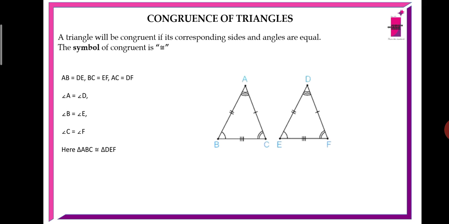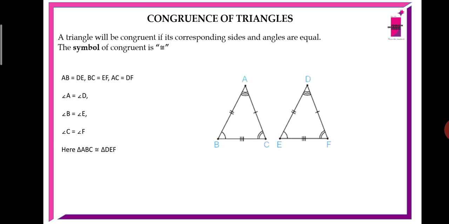That's why we show the symbol like that. All congruent figures are similar, but all similar figures are not congruent. In this figure, ABC and DEF are congruent if AB equals DE, BC equals EF and AC equals DF, and angle A equals D, angle B equals E and angle C equals F. Then triangle ABC is congruent to triangle DEF.